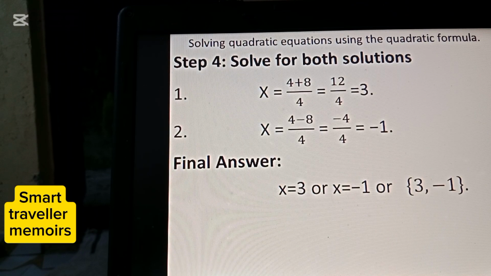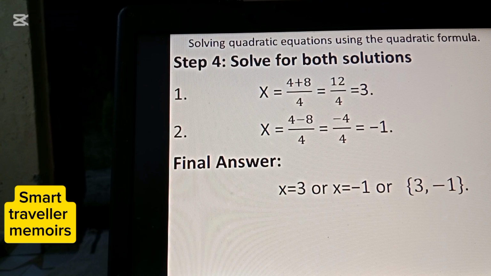If you solve for both solutions, the first one, taking the positive root, x equals 4 plus 8 over 4, 12 over 4, which is 3. Number 2, taking the negative root, x equals 4 minus 8 over 4, which is negative 4 over 4, equals negative 1. So the final answer is 3 and negative 1.